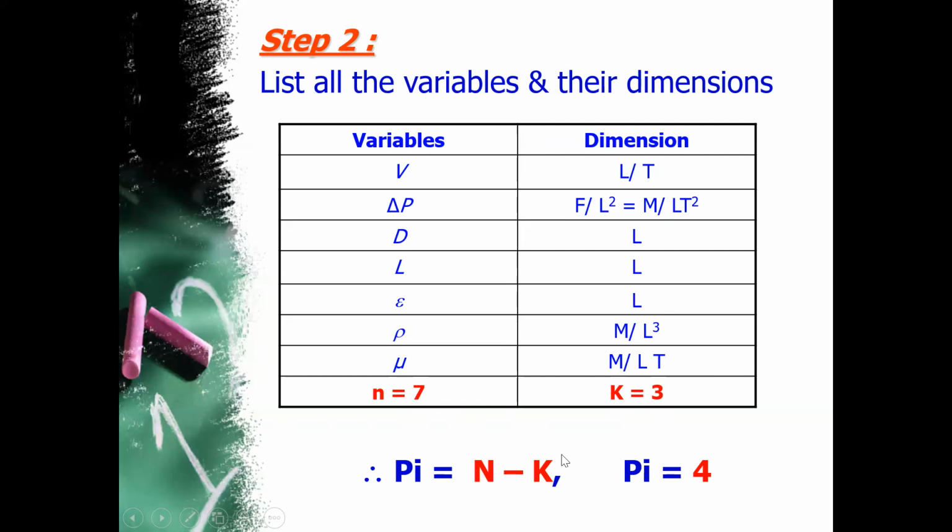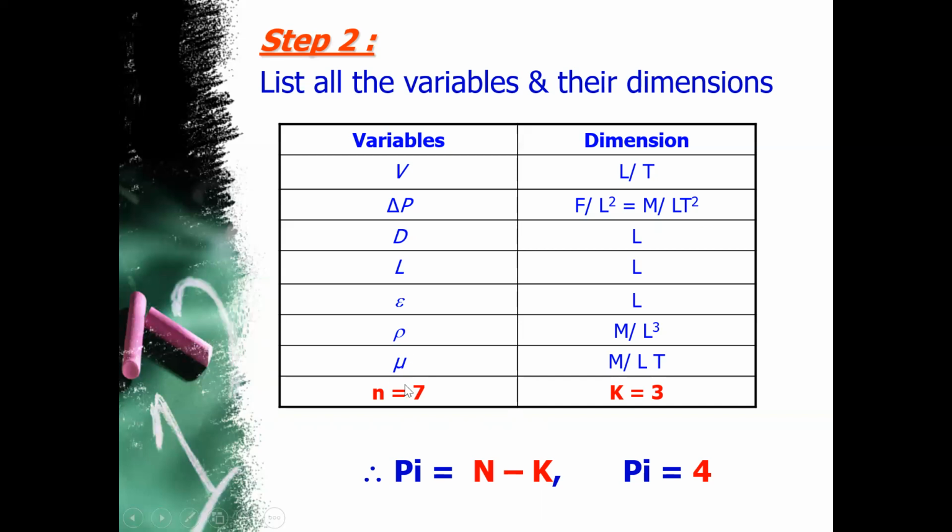So the pi, you can write it out this way, but I think it is better to use the symbol pi. Now the pi is the number of dimensionless groups possible. So it will be equal to 7 minus 3, which is 4. Meaning we can generate four dimensionless groups.